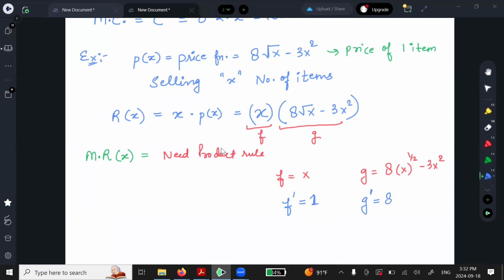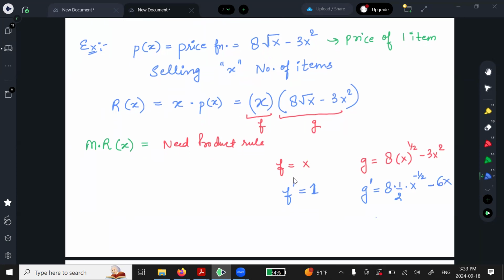All you're doing is you keep the constant as it is, review the note card, take the power out, subtract 1 from the power, you'll get a negative half. Again, you have 3 as a constant, it stays. Take the power out, you get 6x, right? And when you simplify a little bit, you get 4x to the power negative half, minus 6x, right?